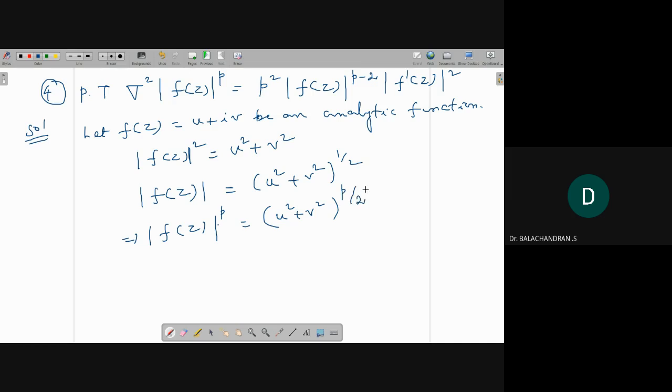Now I need to find first dou by dou x of mod f of z whole power p. So that is equal to dou by dou x of u square plus v square whole power p by 2.